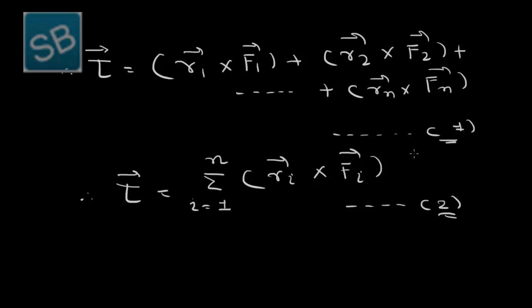So any one equation you can use, and we have seen the effect of torque on a single particle as well as on a system of particles. But what will be the torque on the rigid body? So that is our next task.